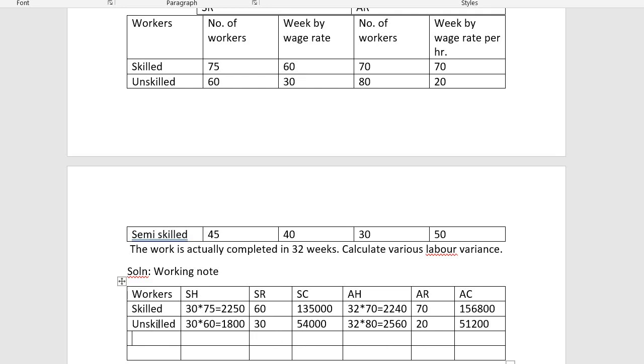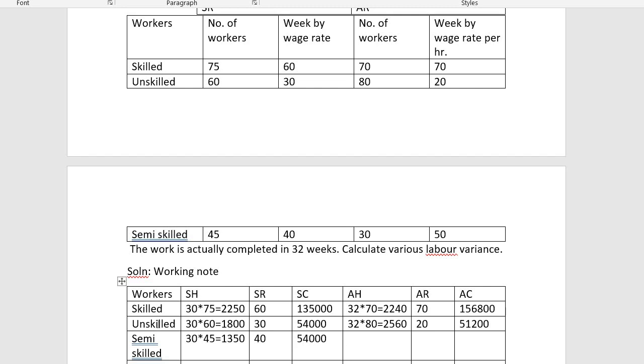The last is semi-skilled. In the same way, 30 into number of workers 45 equals 1,350. The standard rate is 40, so 40 multiplied with 1,350 will be 54,000 again.